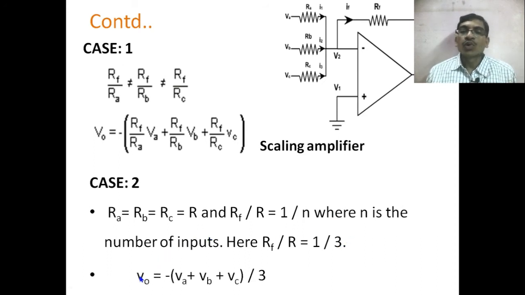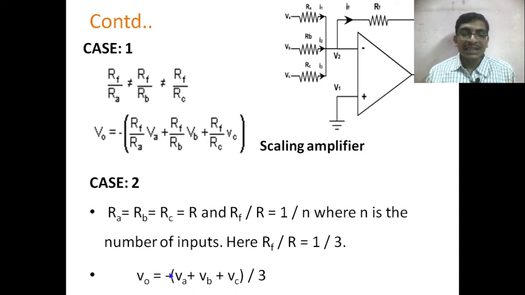Therefore, the output voltage, if you take RF by R as common here, this entire equation will become V0 equal to minus of RF by R into VA plus VB plus VC. But we know that RF by R is equal to 1 by 3. Therefore, V0 is 1 by 3 into minus of VA plus VB plus VC, that is, minus of VA plus VB plus VC divided by 3.